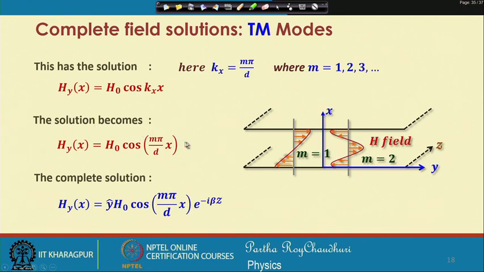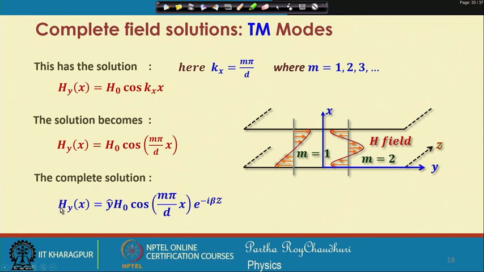The solution now becomes, imposing the second boundary condition, that at x equal to d you have this condition to be satisfied. We have the discrete values of this kx, which gets into this equation to give you the solution of the magnetic field, that is Hy is equal to this.